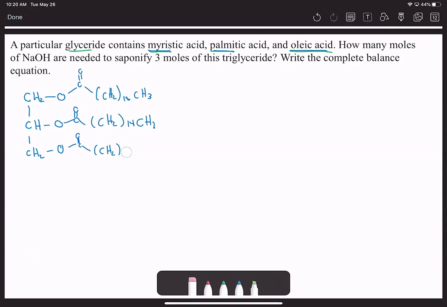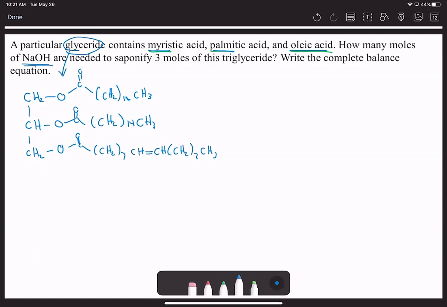Oh, and I have CH, double bonded to another carbon hydrogen, CH2, 7, and I have CH3. So this is the glyceride. So that glyceride is right here.